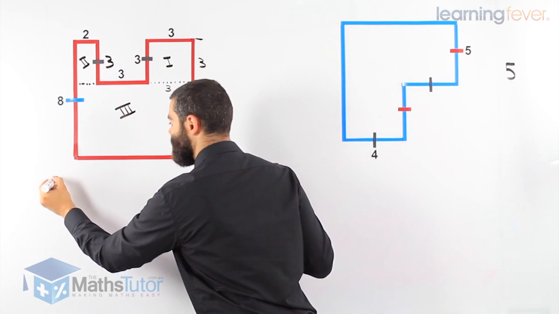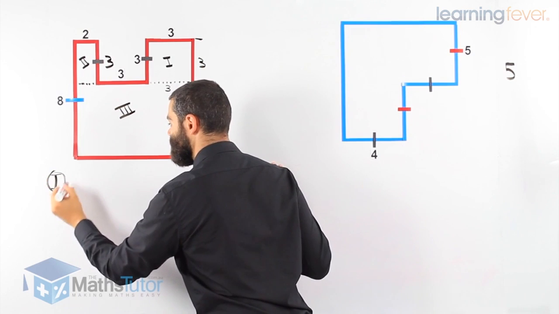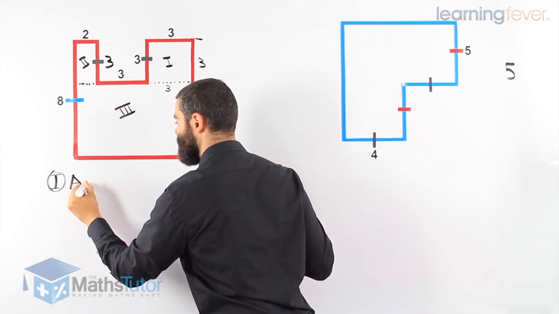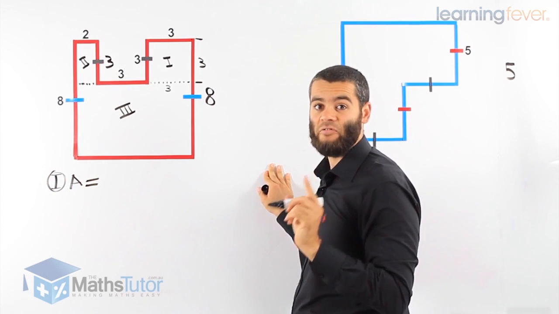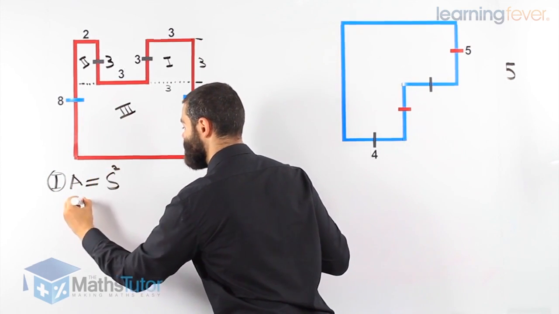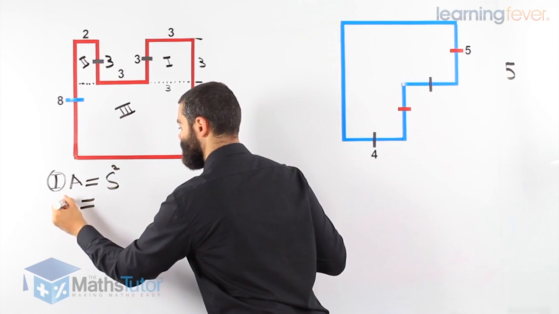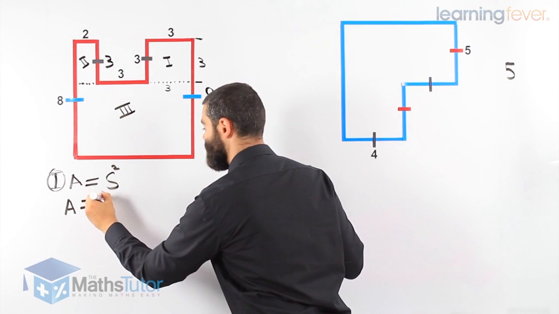Okay, there it is. So area equals s squared is the formula for a square. So we put the formula s squared, 3 squared for us here.